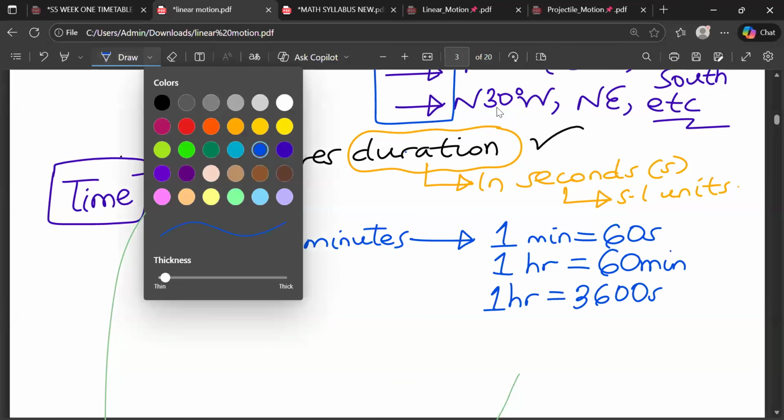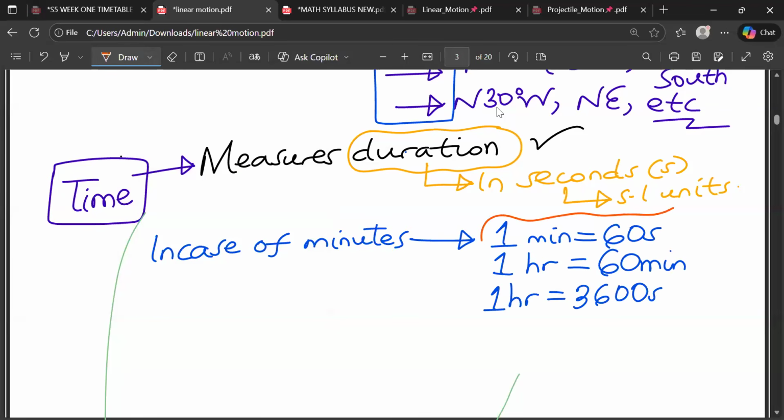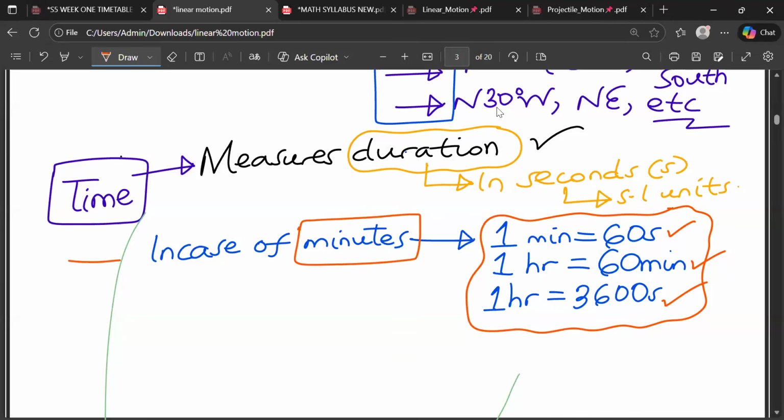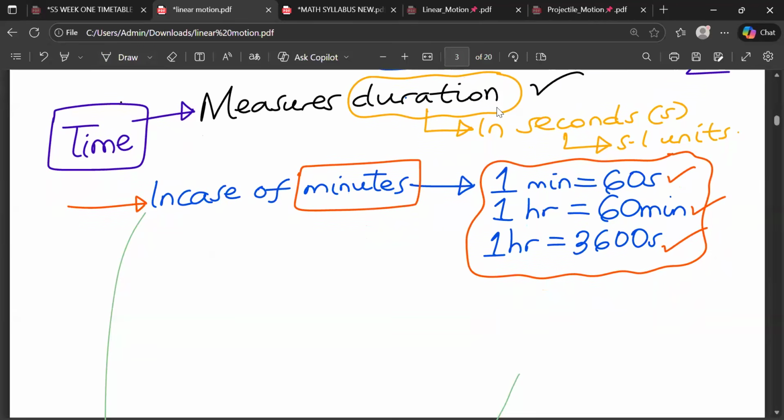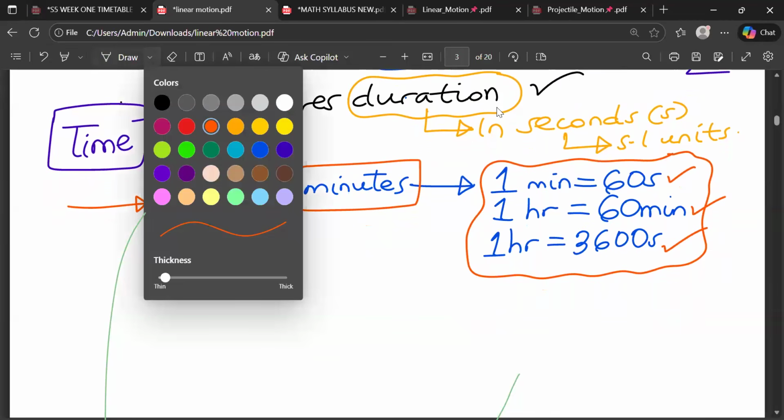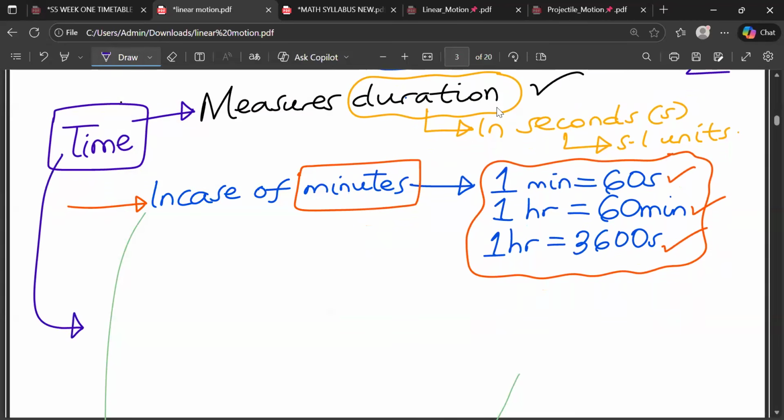They're things we know from primary, so I may not waste a lot of time here. 1 minute, 60 seconds, an hour, 60 minutes. So 60 times 60 will give us the seconds in an hour. Hope you know that. So concerning the change of units, just put that in consideration. Okay, so that is time, basically duration between events. Now back to distance.